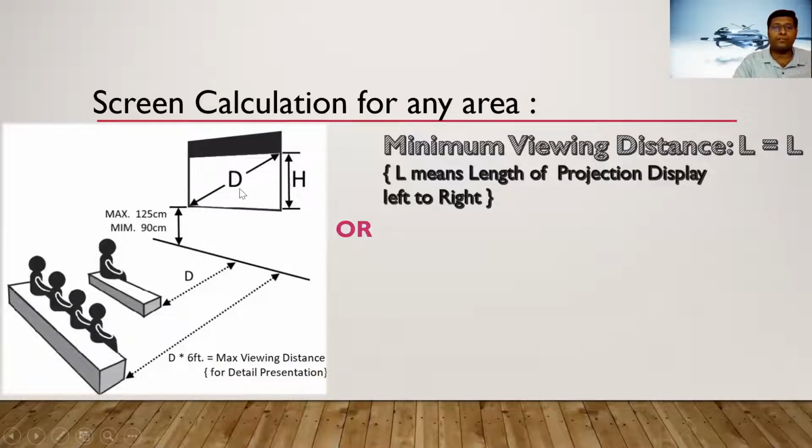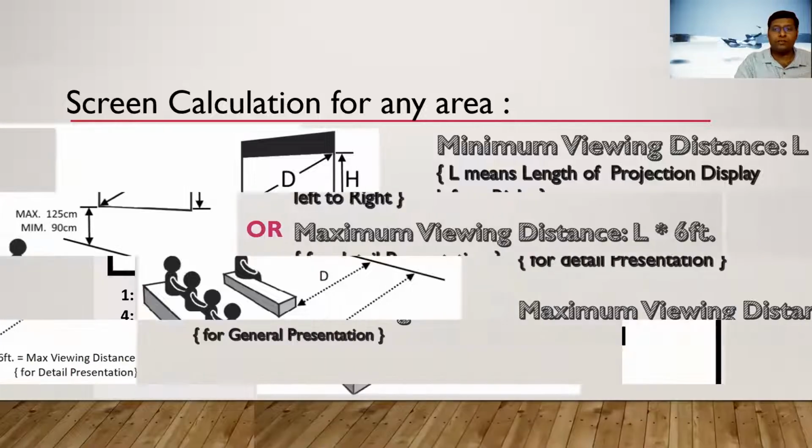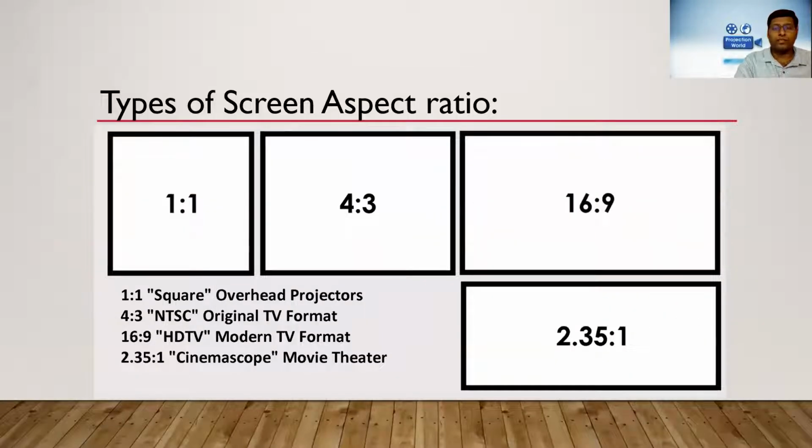Length means left to right of the projection display; we consider it L. So the minimum viewing distance is L, the maximum viewing distance for a detailed presentation is L into 6 feet, and for a general presentation it is L into 8 feet. So 6 and 8 are uniform parameters for the viewing distance.